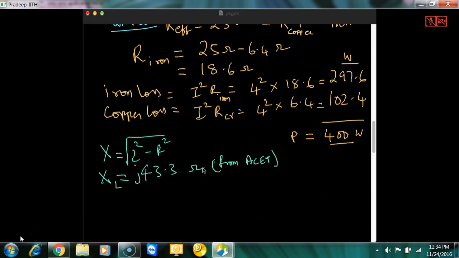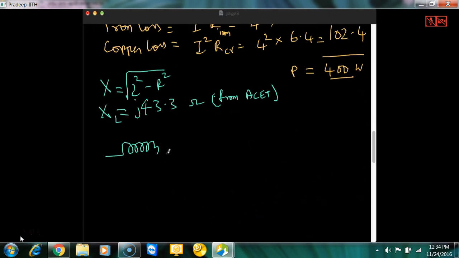So what is the importance of this? You notice that when there is only a coil without core and with core, let me draw the core first.